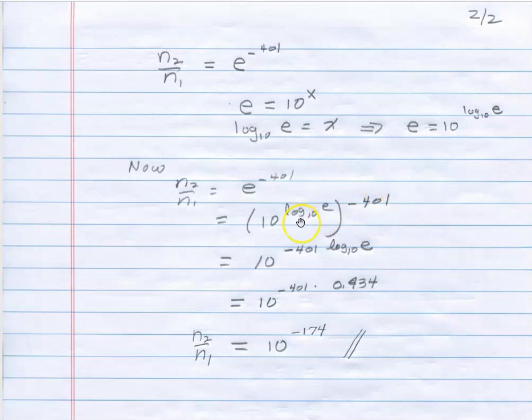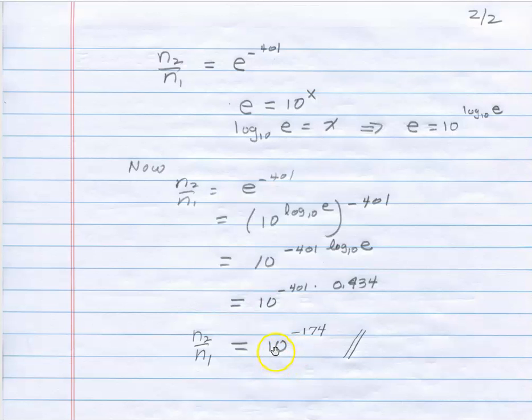I know that 10 to some power, raised to another power, I just multiply by the power. So I use the properties of logarithms to get there. And then this value I can compute. Log 10 of e is 0.434 when I did it on my calculator. I need to multiply that times minus 401, and I get 10 to the minus 174. Well, I can't evaluate that.